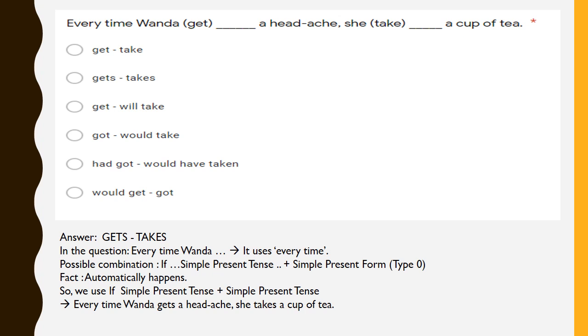So the possible combination is if simple present tense combined with simple present tense, or type 0, because the fact is it happens automatically. So we use if simple present tense combined with simple present tense. Therefore, the right sentence is: every time Wanda gets a headache, she takes a cup of tea.